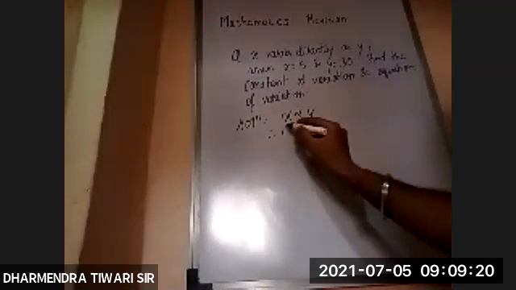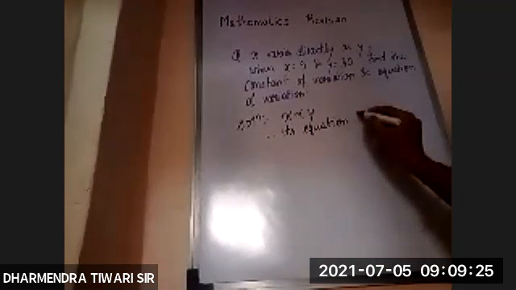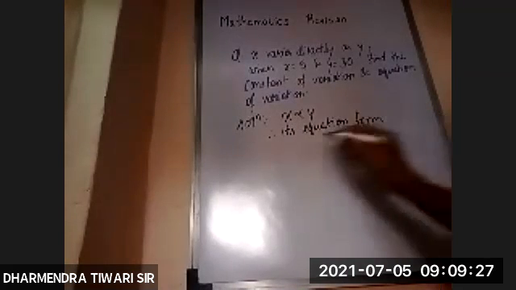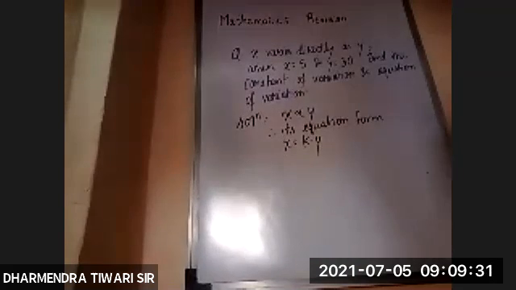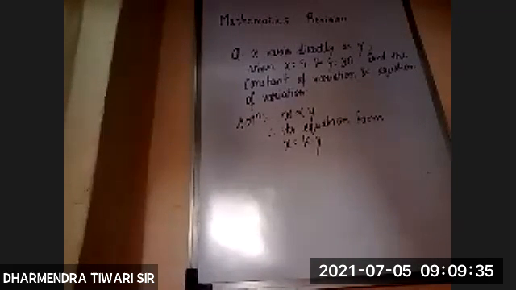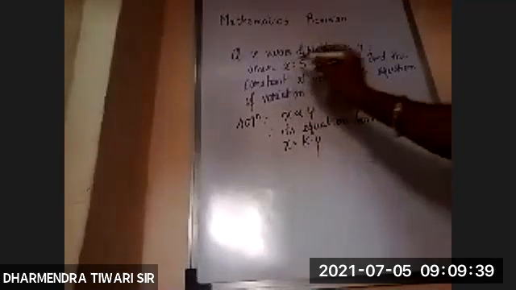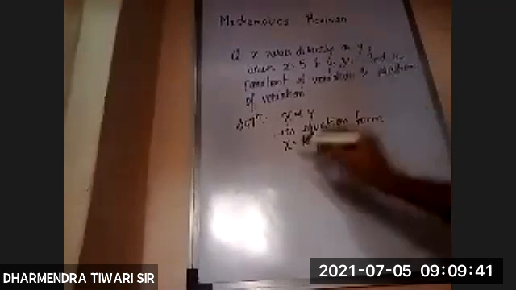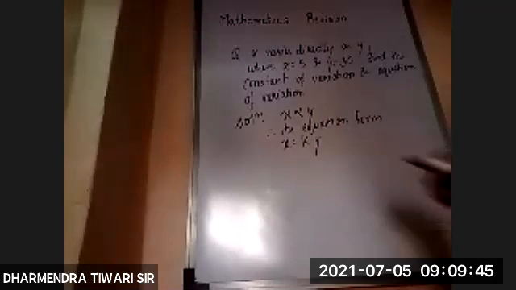Therefore, its equation form is x is equal to k into y. Even this we have done. Now we know the value of x and we know the value of y. We have three unknowns. Substituting the two values, we can get the value of the third.